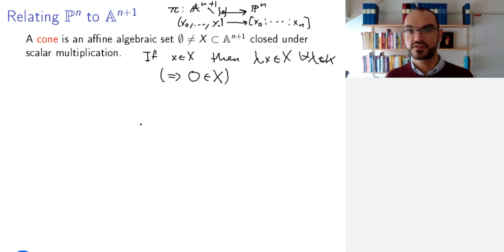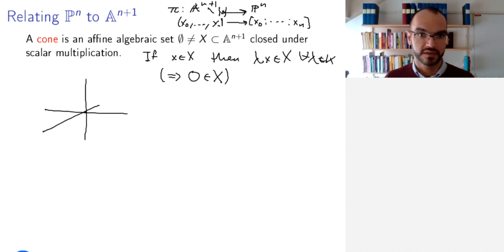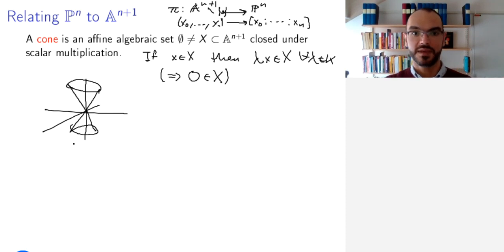So it consists of lines in A^(n+1). It's a union of lines. And why is it called a cone? Well, if you look at the three-dimensional real picture, you can expect something like that, and that is a cone. So that's where the name maybe comes from.